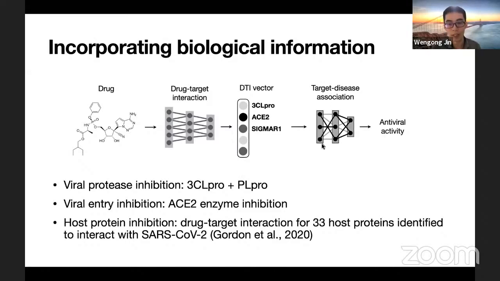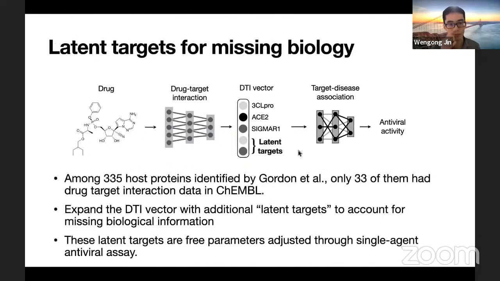Basically, it assigns the importance of each biological target with respect to the SARS-CoV-2 antiviral activity. If a target gets a high weight, that means inhibiting it is very important for this antiviral activity. And of course, the original UCSF paper identified many more biological targets.